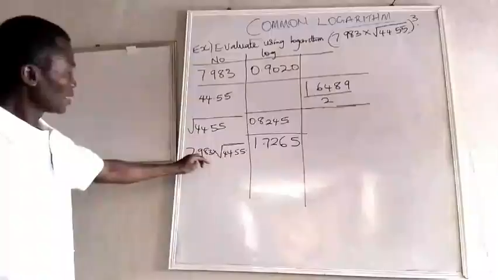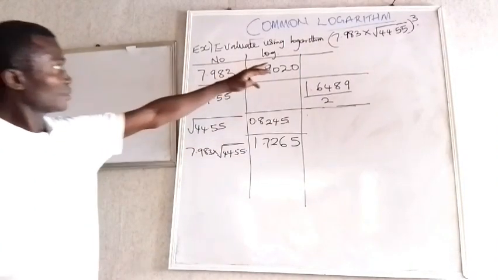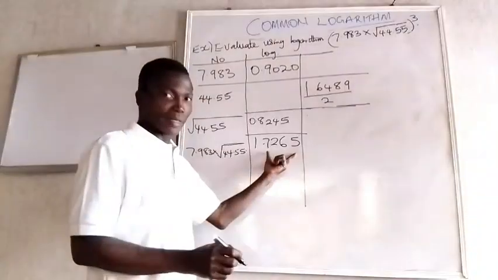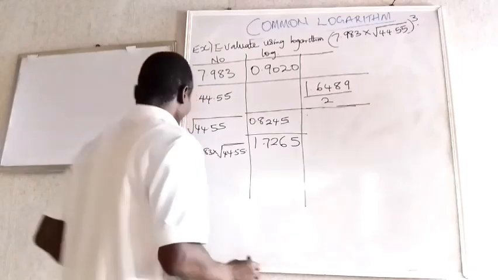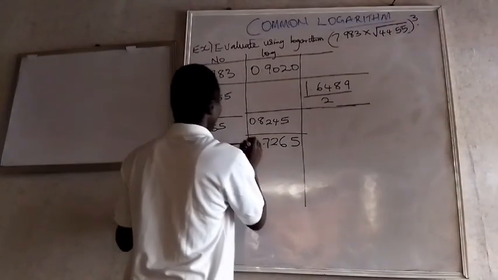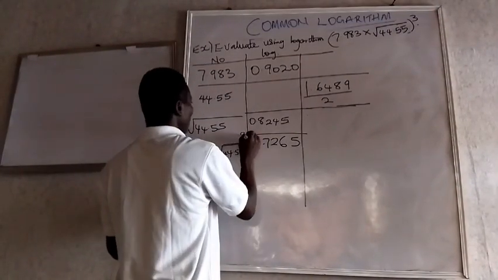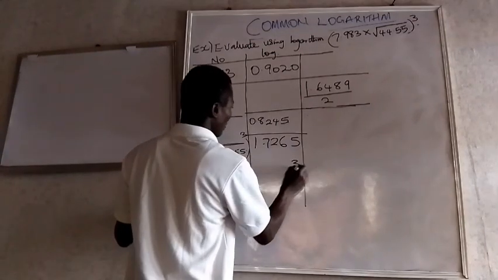Now, to find the log of this raised to power 3, I have to multiply this one by 3. The cube of this one will be this one times 3.